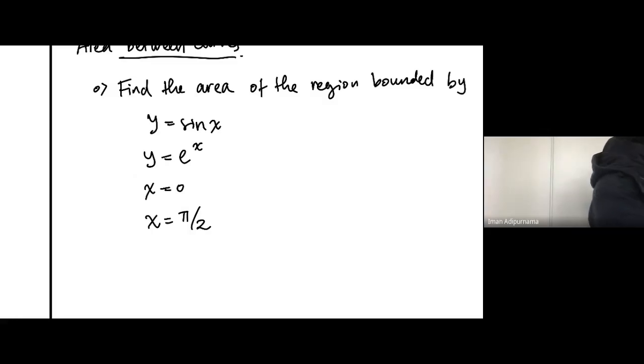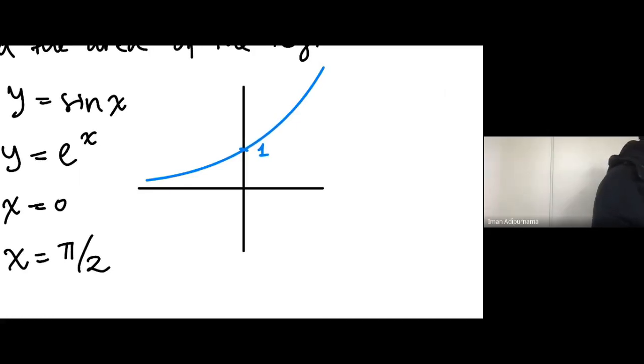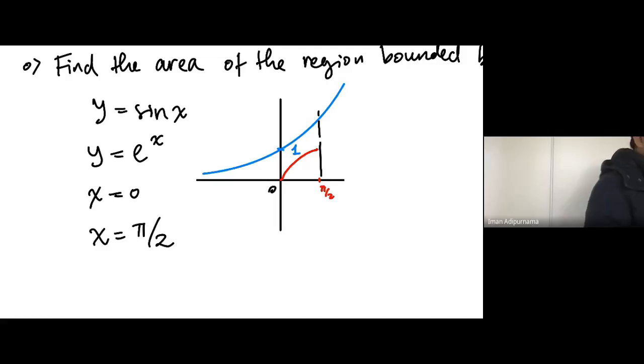Between sine x and e to the x, which one is higher at the top? e to the x, right? Remember e to the x probably looks like this, and it will cross 1. And sine starts from 0, and its maximum is maybe at pi/2. So that's the area, from 0 to pi/2.